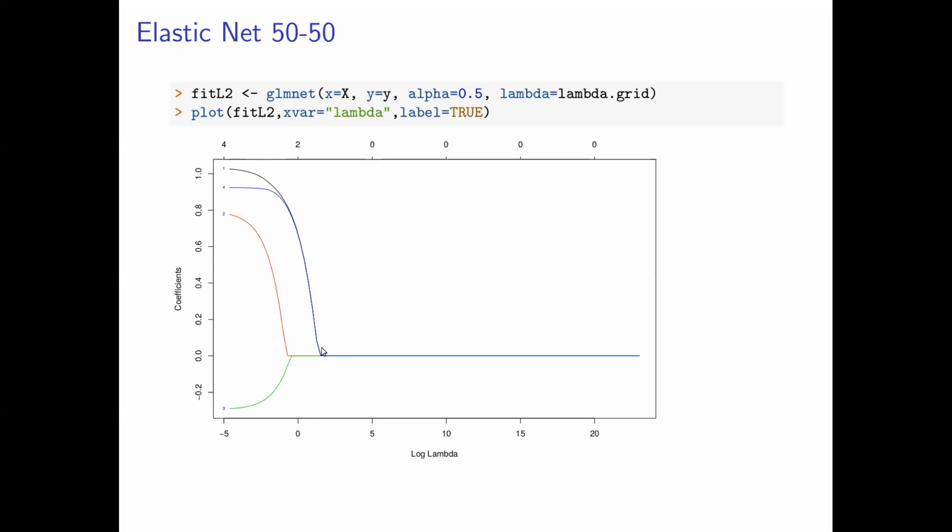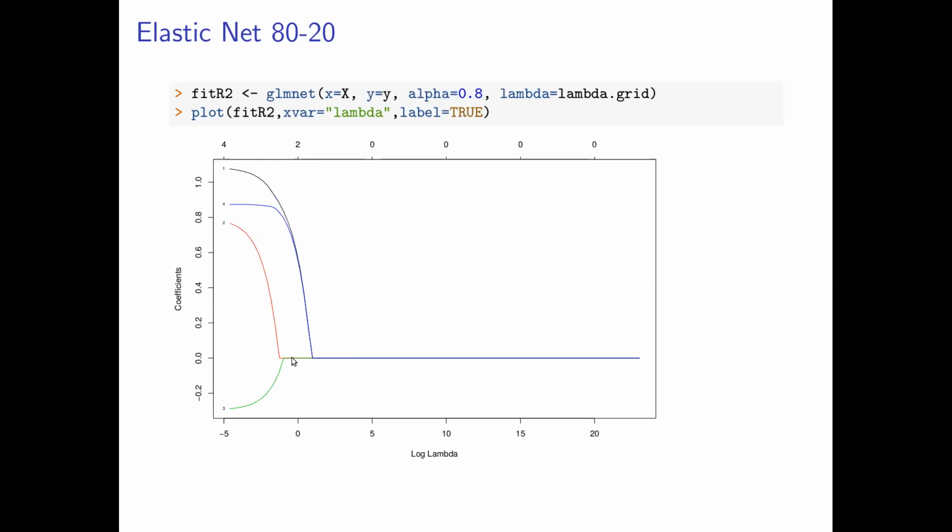But again, we have this effect that both of them move together. But now we see that the second and the third are gotten out of the model much quicker. The shrinkage drops to exactly 0 much quicker than it did before with the elastic net.